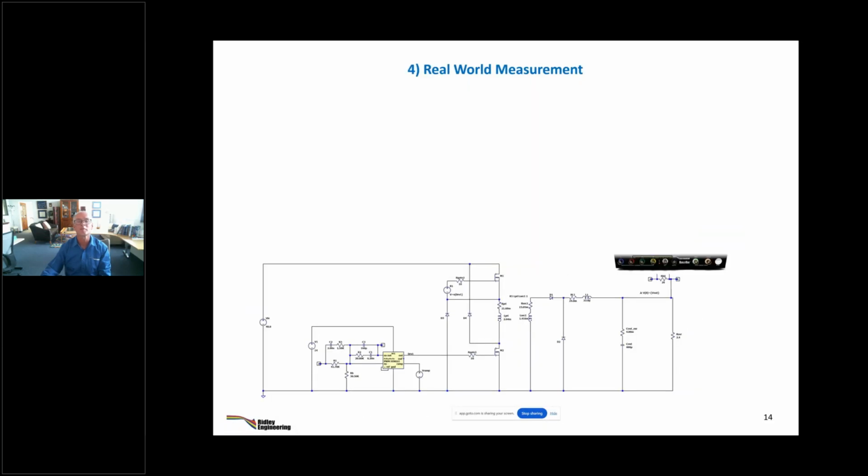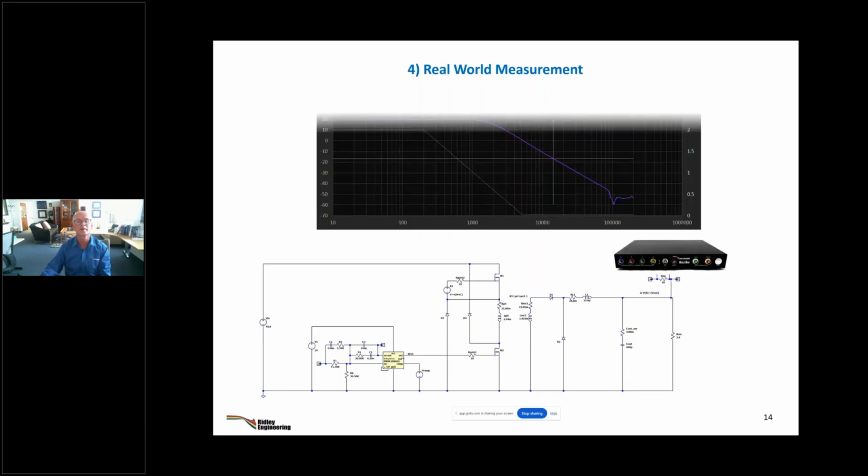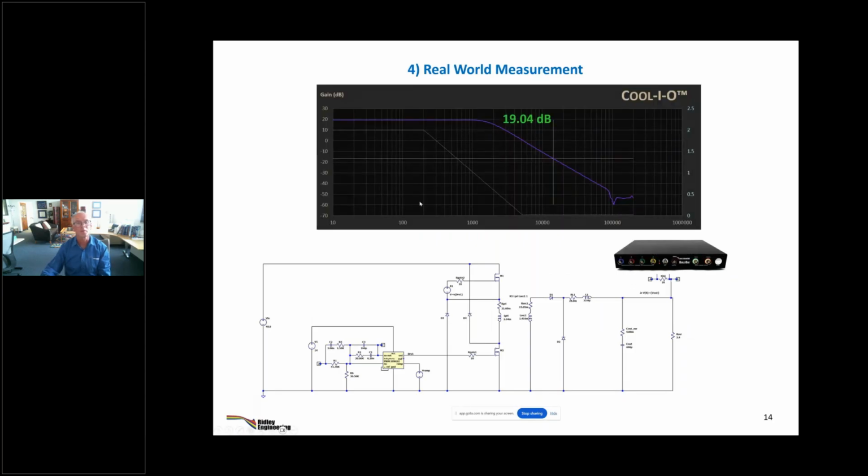And the real world measurement is 19 dB. So we're 6 dB off in terms of predicting the transfer function. So I don't know if anybody in the questions or comments would like to hazard a guess as to why it's so much more damped than we expect?